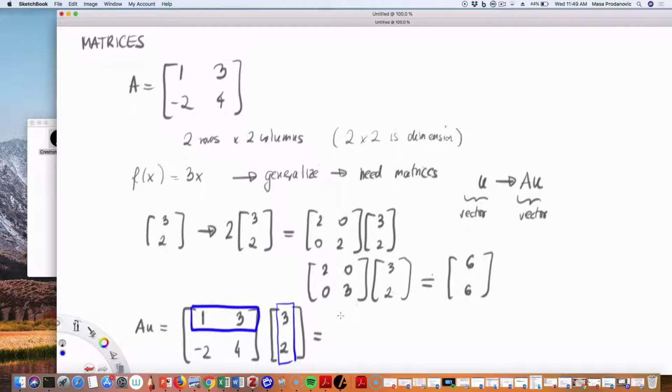So this is essentially 1 times 3 plus 3 times 2. Do we agree that that is a scalar product between this row vector and a column vector? So that's going to be in this first position here. And in the second position, I'm going to take my second row and also multiply it with this column vector and do a dot product. So that's going to be minus 2 times 3 plus 4 times 2.